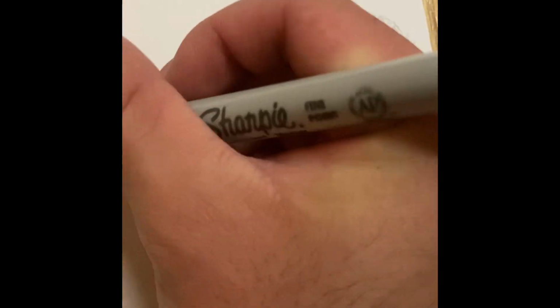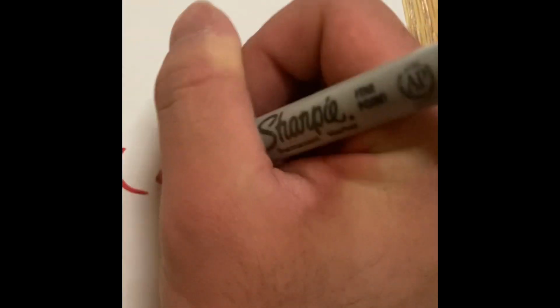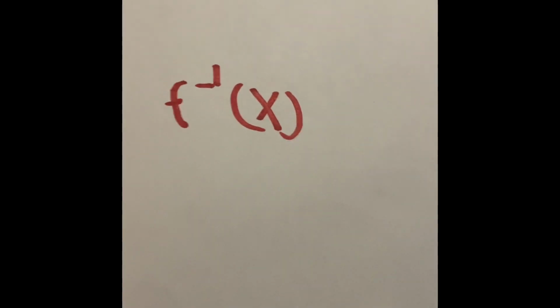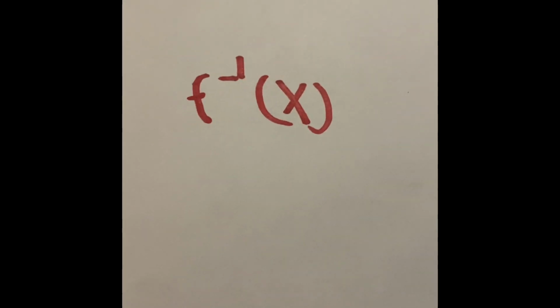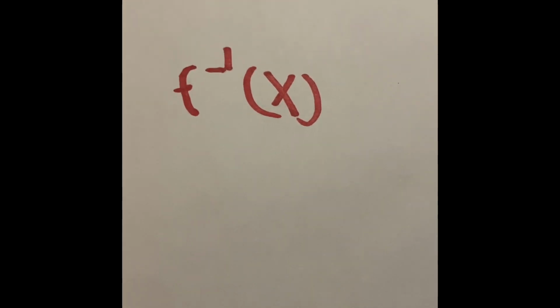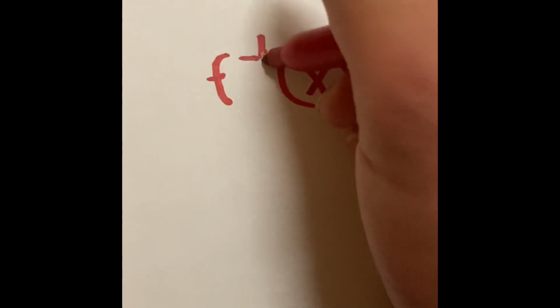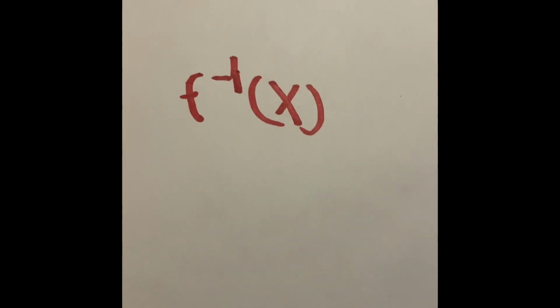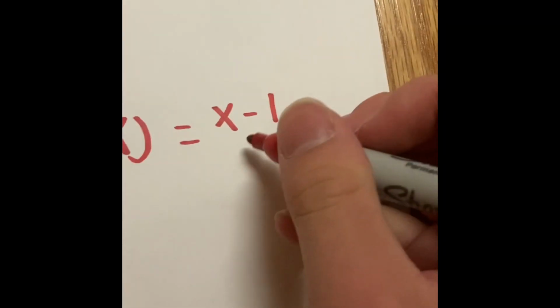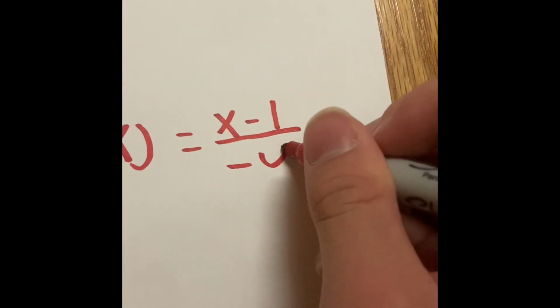We write our answer out: f inverse of x. The negative 1 represents that this is the inverse function of the same letter, not an exponent rule. It's going to equal x minus 1 divided by negative 4.